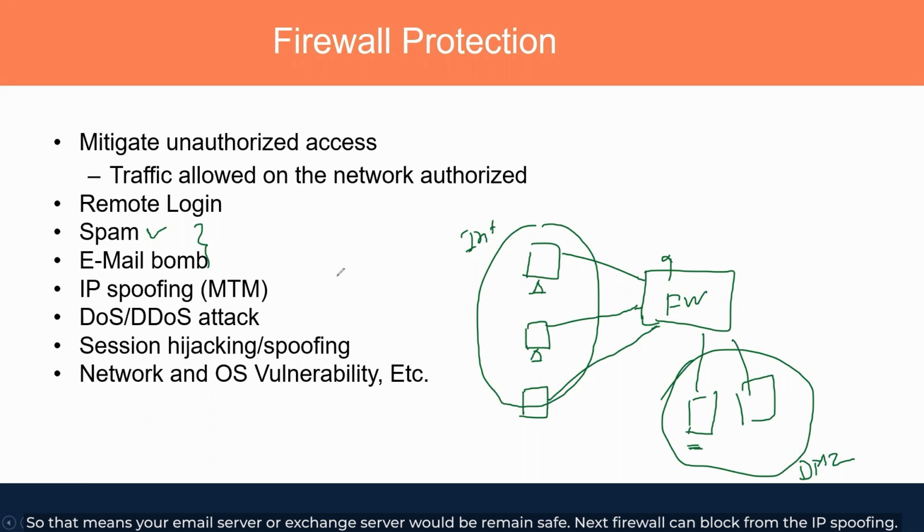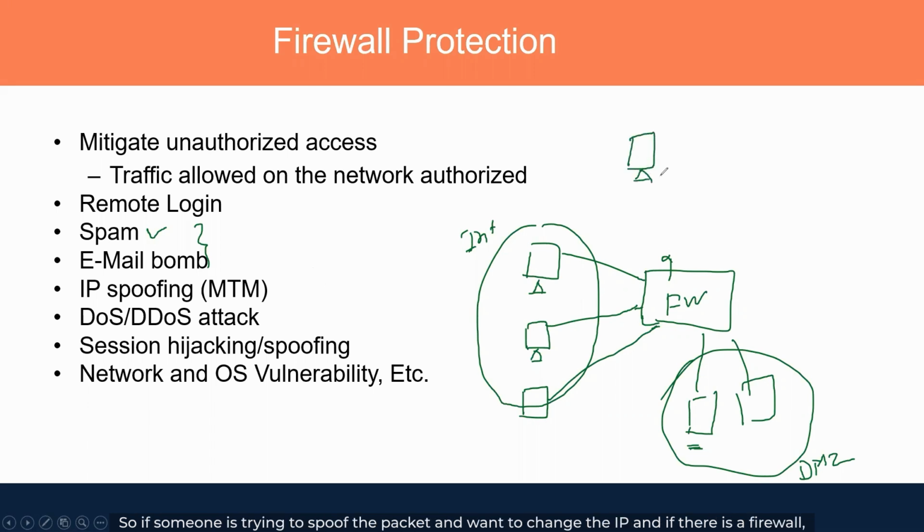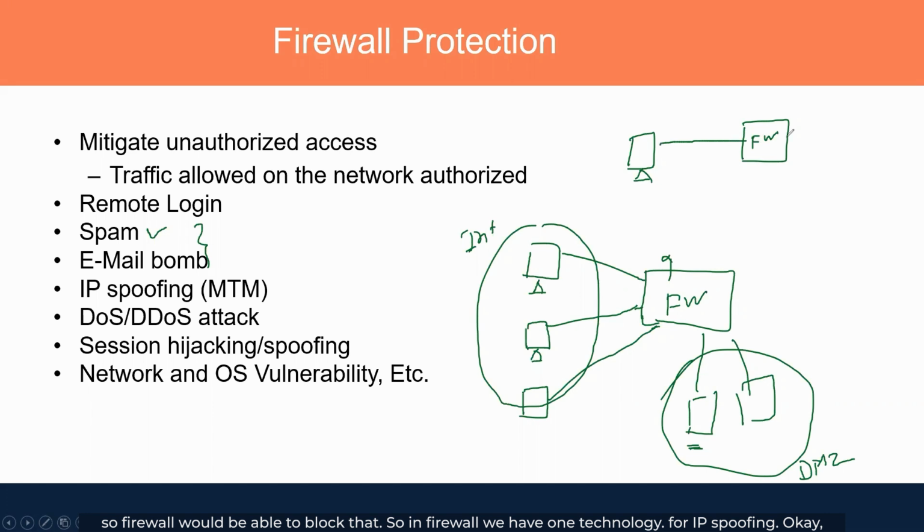Next, the firewall can block IP spoofing. So I hope you know what is IP spoofing, which is also known as a man in the middle attack. So if someone is trying to spoof the packet and wants to change the IP, and if there is a firewall, the firewall would be able to block that.